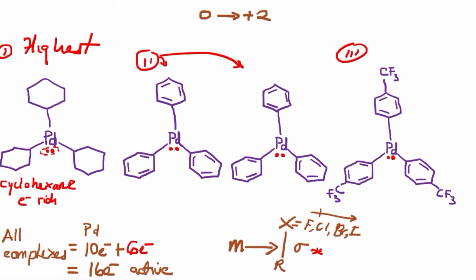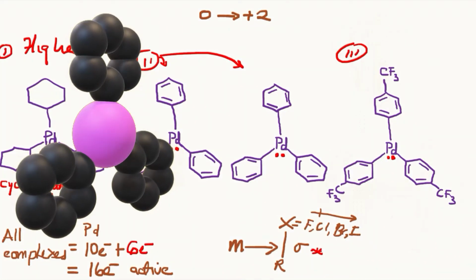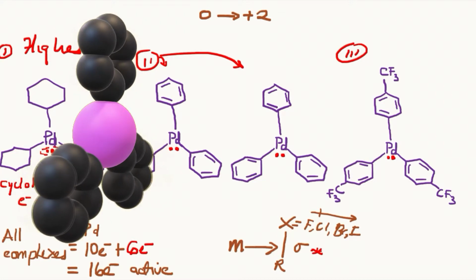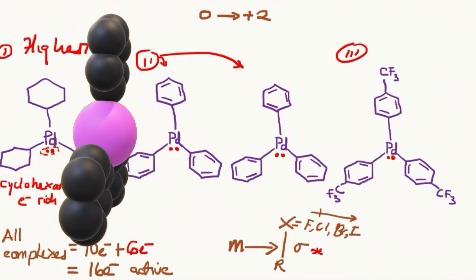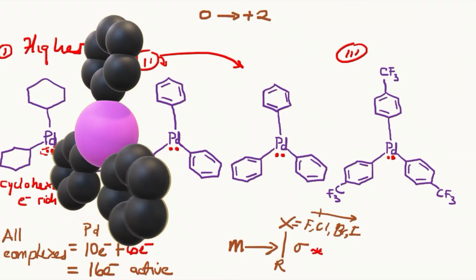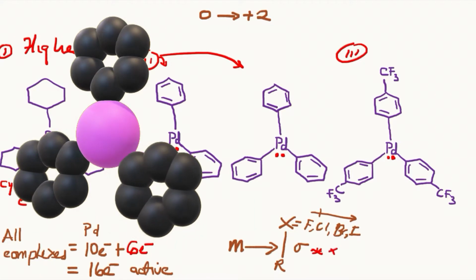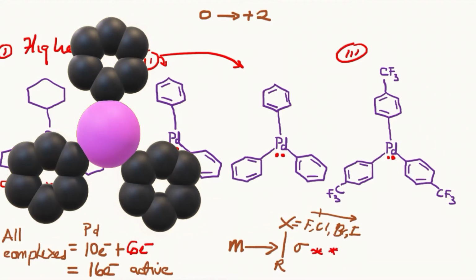Now looking at number 2, number 2 is quite different. There is a contributing factor that inhibits this metal from donating its electrons, which are the lone pairs, to a specific sigma bond or a particular ligand.